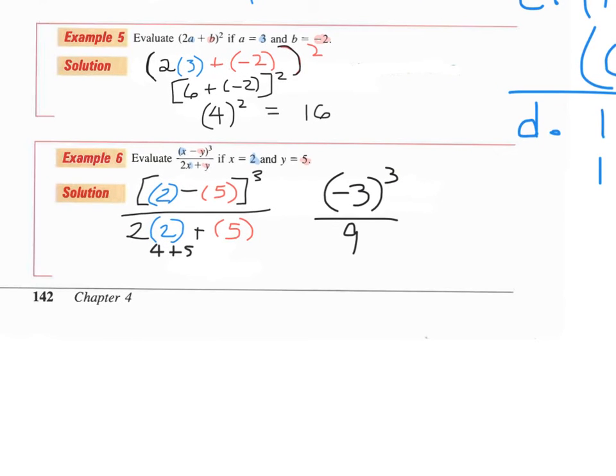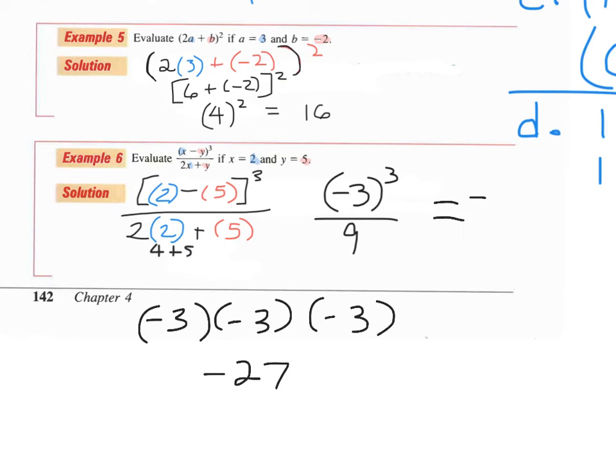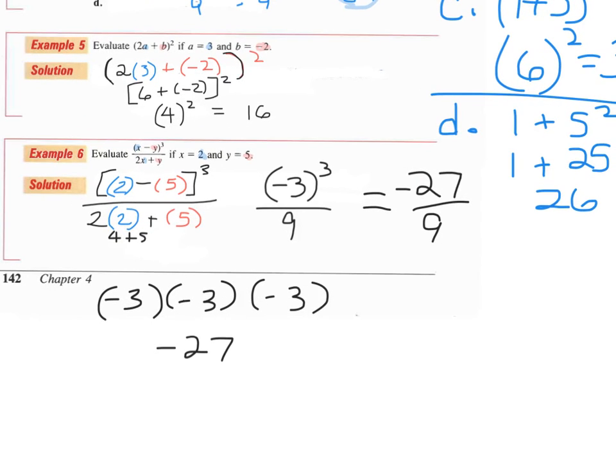I now need to figure out what -3 to the third power is. So remember that means -3 times -3 times -3, which will give me -27. Remember the fraction bar means to divide, so now I need to divide -27 by +9, and I get -3.